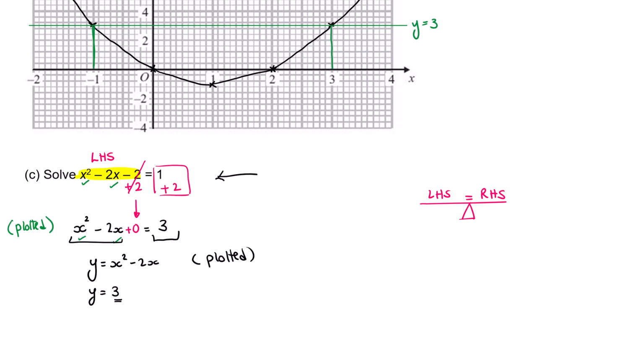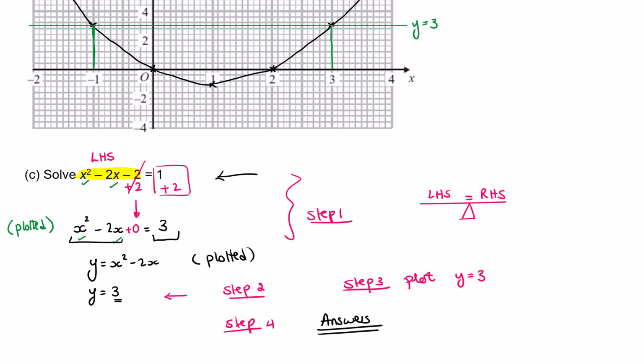So if I call that step 1, finding the equation of the line is step 2, plotting the line is step 3, and then step 4 is actually giving the solutions. So it's x equals minus 1 and x equals 3. And that is solving non-linear equations graphically.